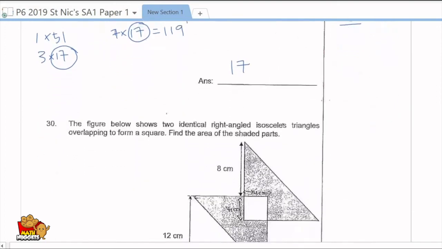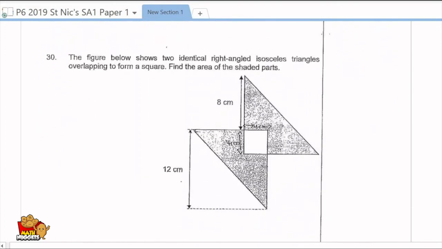Question 30. Find the area of the shaded parts. There are 2 identical right-angled isosceles triangles. So we know that this part is 12, one side.